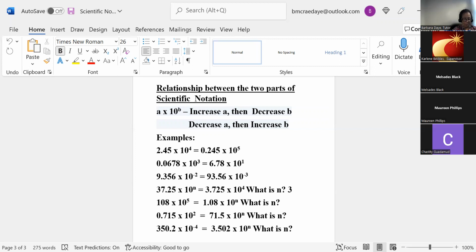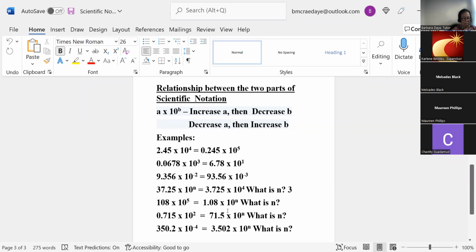Decrease the number, increase the power, right? Decrease the number, 37.25 to 3.725. The power then is going to be, I'm sorry, increase. 3 to 4 is an increase.